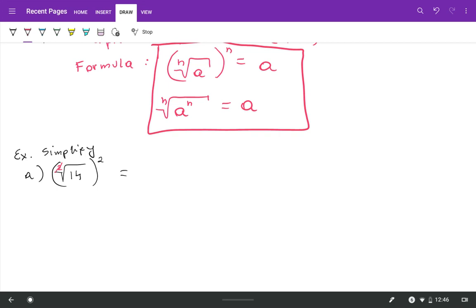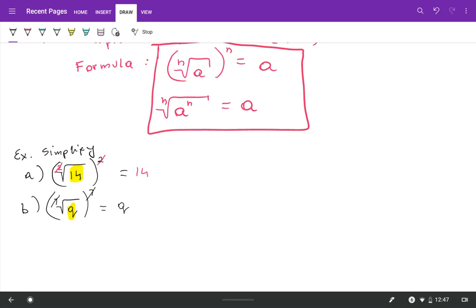Since we have the same power and the same index, the solution will be just 14, the number under the radical. Okay. B, we have radical of index 7, Q, and everything is brought to the power of 7. The same idea, the powers are the same, so the solution will be just Q, the radicand.